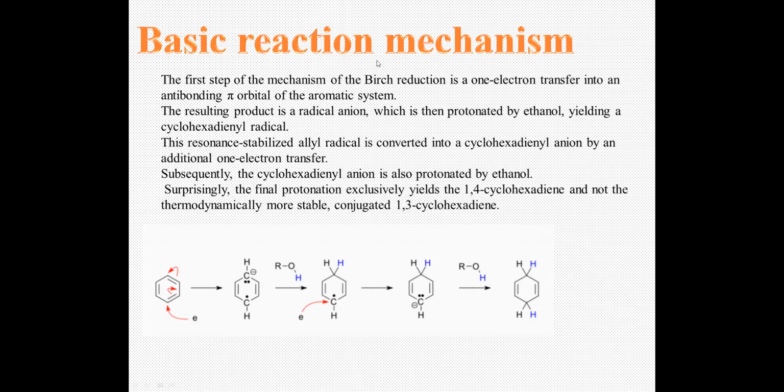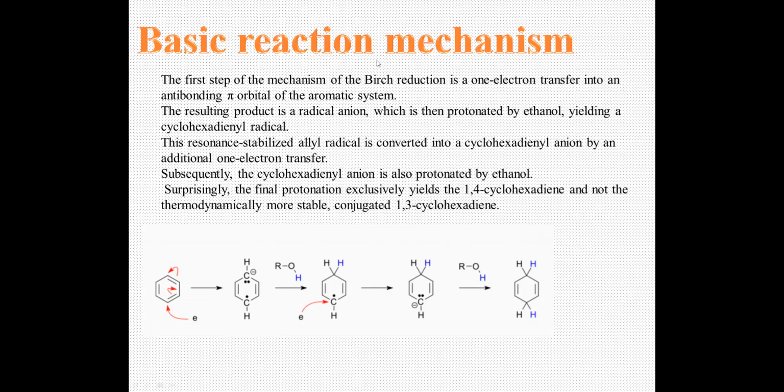Okay, and subsequently this cyclohexadienyl anion is protonated by ethanol. Similarly, again the alcohol or the ethanol will give the proton to form a more stable 1,4-cyclohexadiene and not the thermodynamically stable 1,3-cyclohexadiene. Usually it should form a conjugated diene, but this is not conjugated.